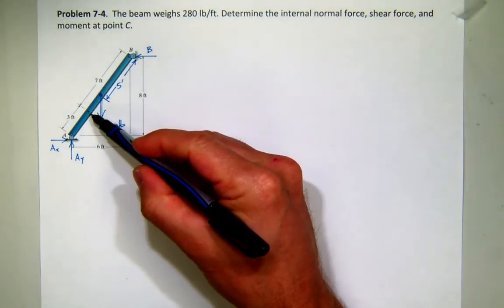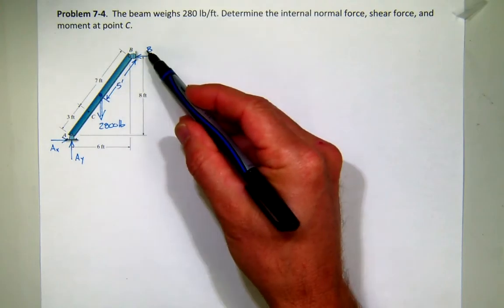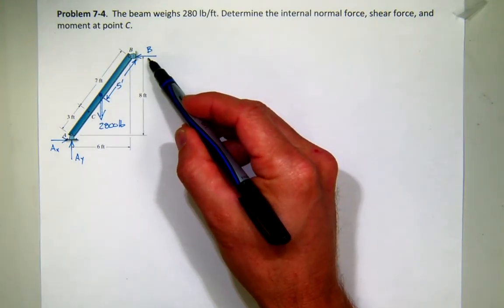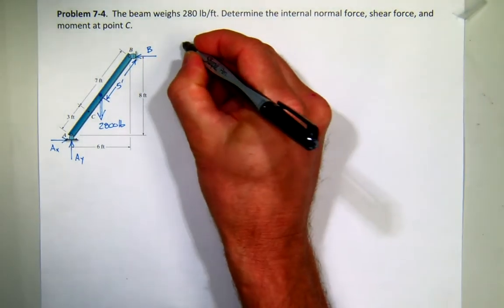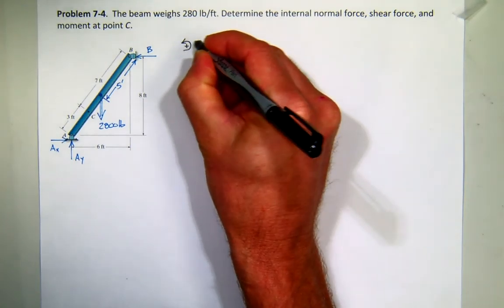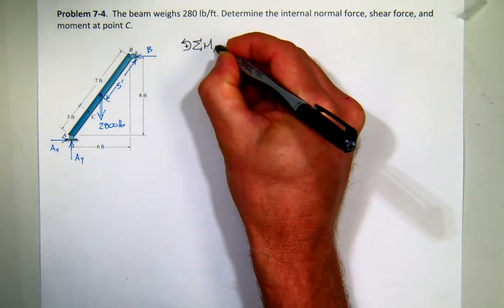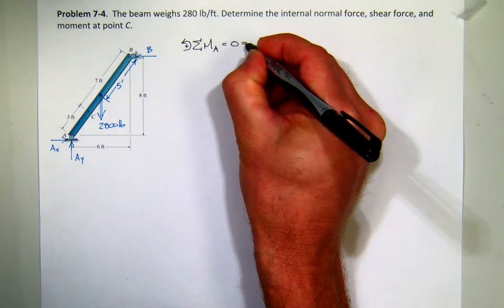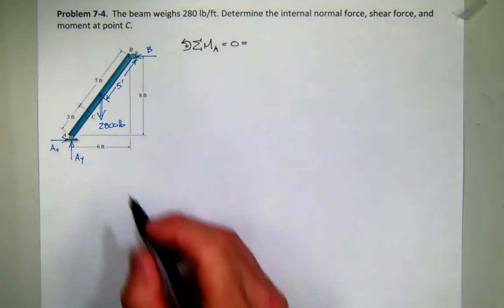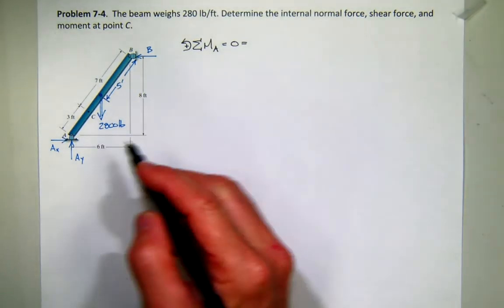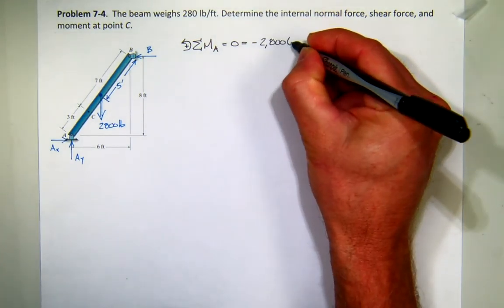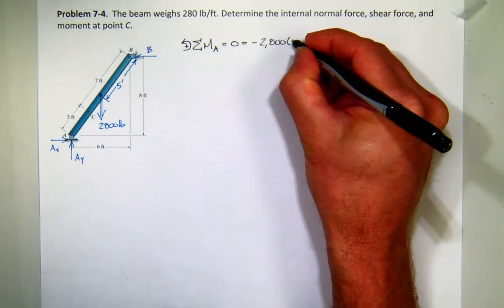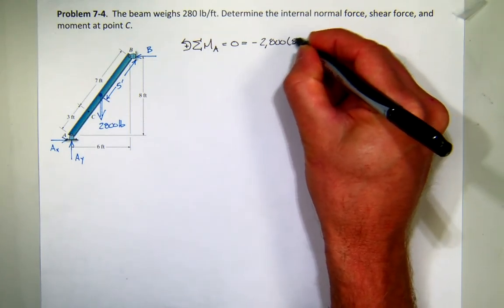So if I'm going to cut it here at C and work the upper piece, I want to find B. So to find B, what do I need to do? Sum moments at A. I'm using right-hand rule for my sign convention. So if I sum moments at A, what do I get? Well, I have my 2,800 pound force creating negative moment, and it has a moment arm of not 5 feet.